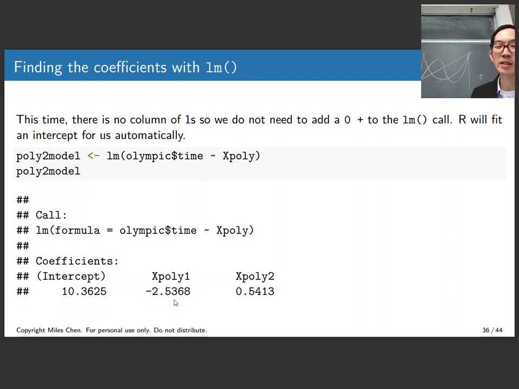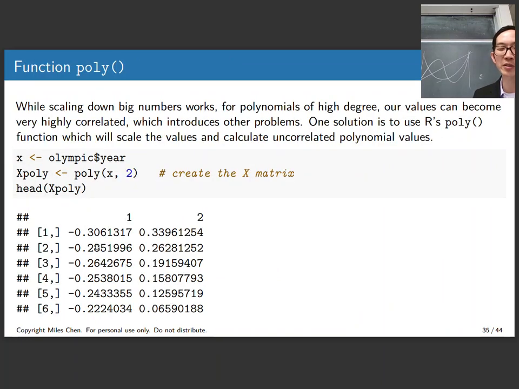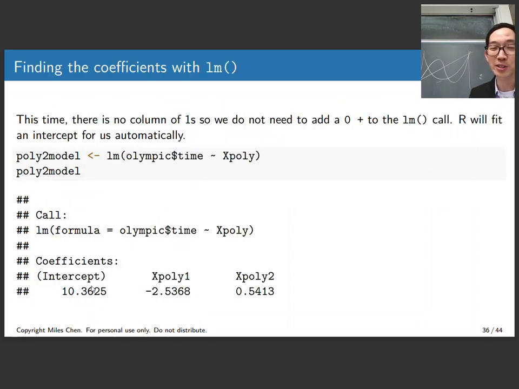The original meaning was like, as each year goes by, our prediction for the time drops by like 1/100th of a second. Now my coefficient is -2.5, multiplied by this column that corresponds to x1, but these were all scaled somehow, and we don't quite know the scaling term that happened here. So now we lose this coefficient.